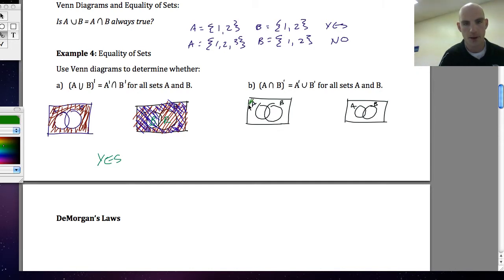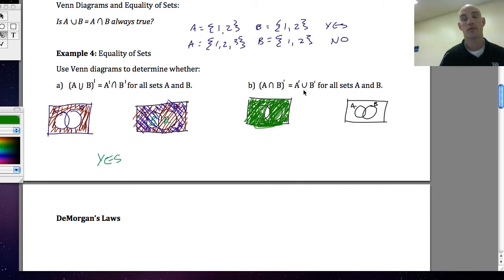So it's everything but that part. So I'll carefully color around that part. So A intersect B, I want everything that's not in A intersect B. Well, that's just all this stuff, right? Everything but that middle part.